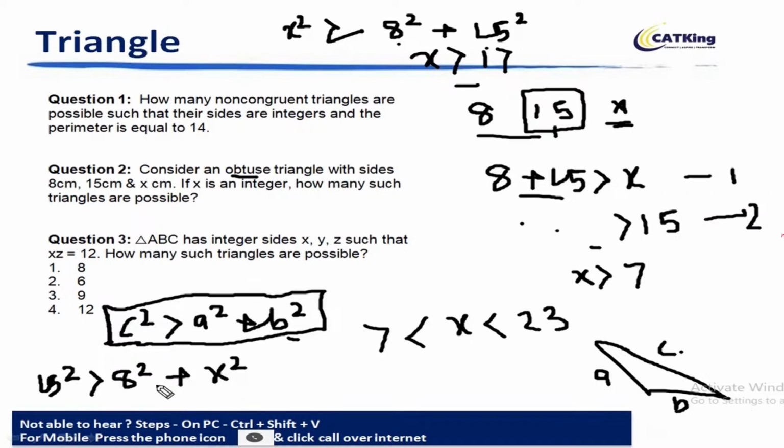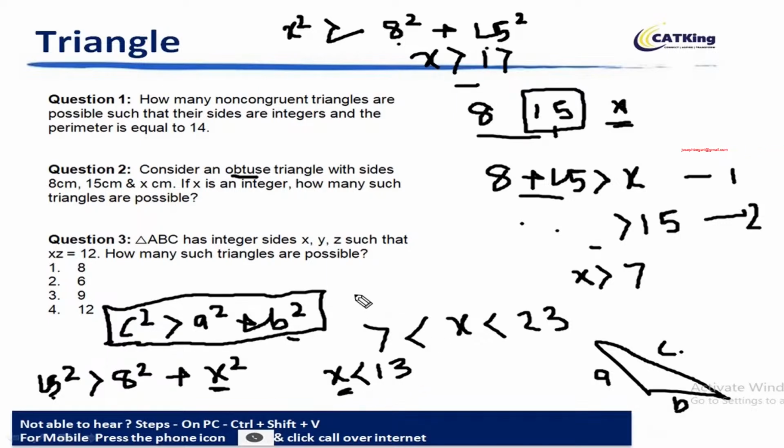So from here you can find out the value of x. 15 square is 225. 225 minus 64 is 161. So x square is smaller than 161. So the largest possible value of x is 12, because 13 square is 169. Right? So x is smaller than 13. So the value of x up to 12 is possible.